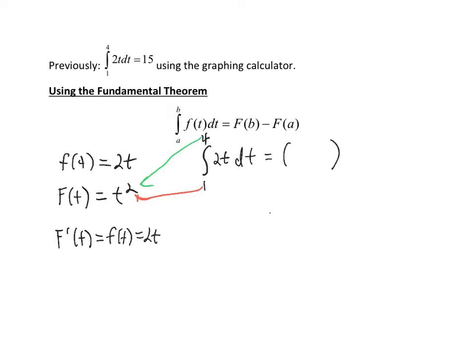So plugging in 4, we'd have 4 squared, minus plugging in 1, 1 squared. The area from 1 to 4 of 2t dt equals 16 minus 1, which is indeed 15. So it worked.